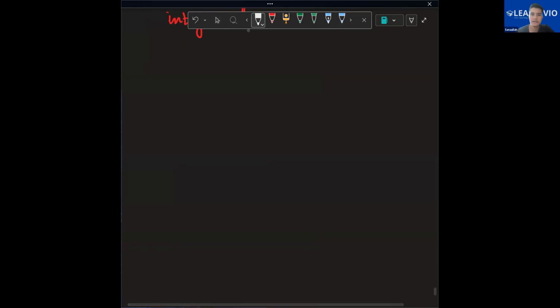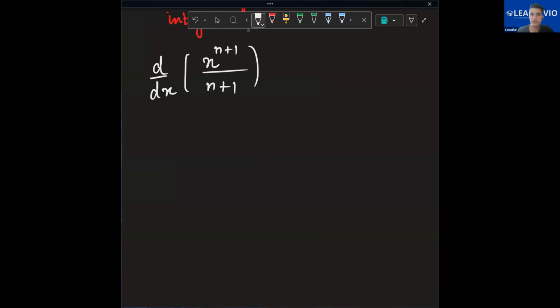See, if you have a function like x^(n+1) over n+1 and you differentiate this, what will you get? 1 upon n+1 is a constant, so you take that out, and for x^(n+1) you differentiate it like (n+1) and x^n.